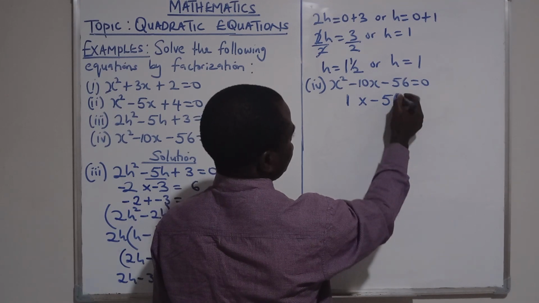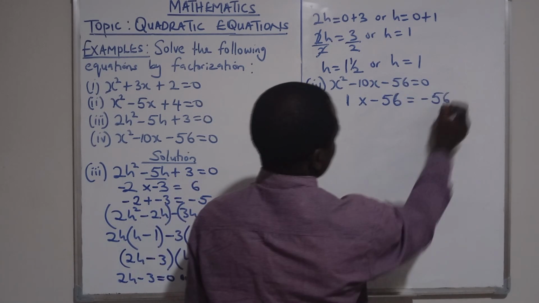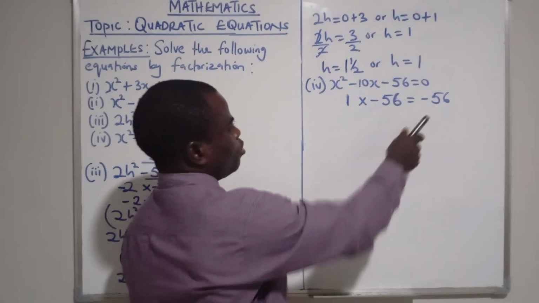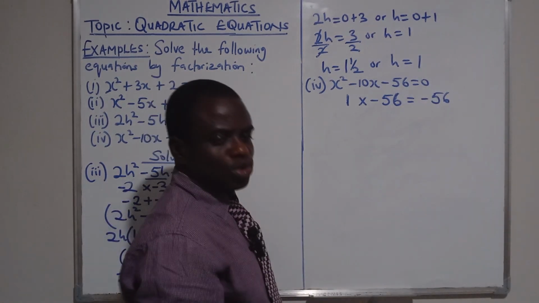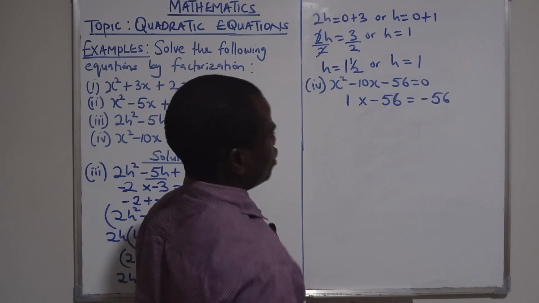This negative is following this 56, which is minus 56. You look for two numbers that when you multiply together give you minus 56, and when you add those two numbers together give you minus 10.